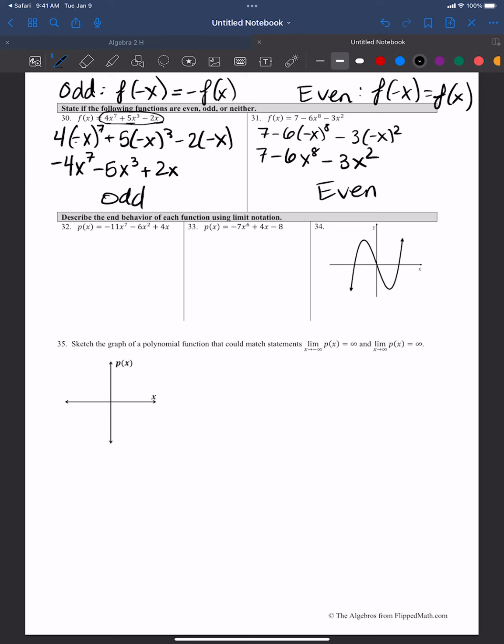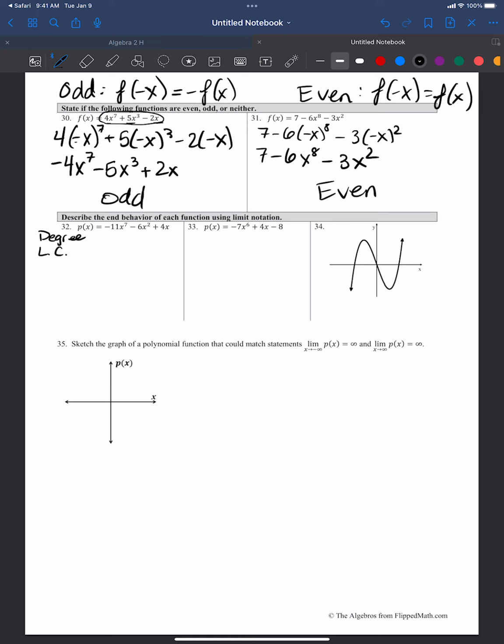Okay, now I'm going to describe the end behavior of each function, and now I'm going to use limit notation. So remember that end behavior is determined by degree and your leading coefficient, whether it's going to be positive or negative.